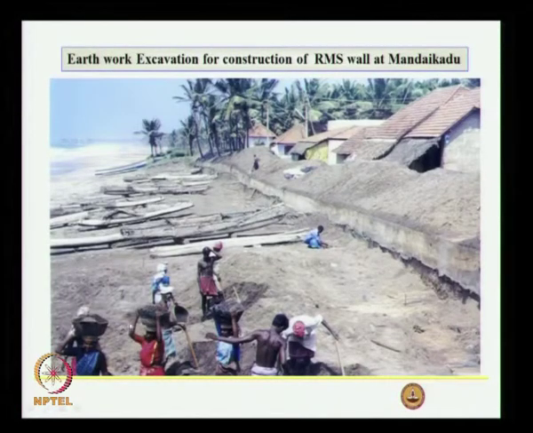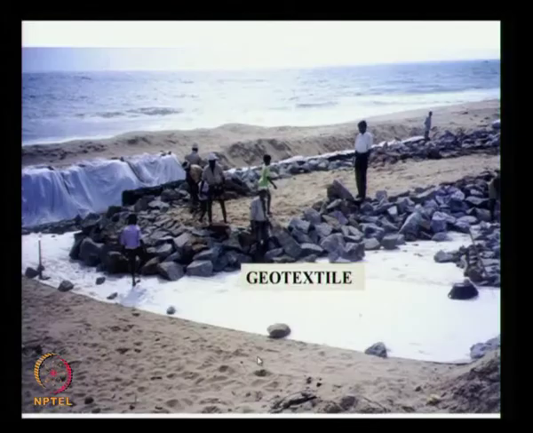Here you see the houses, they are very close to the shoreline, and they have made some concrete wall here. There are some fishermen boats here. This looks flatter than 1:10, so they are trying to make the slope we have designed, and then they have laid the geotextile filter.